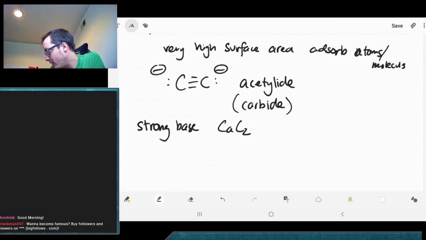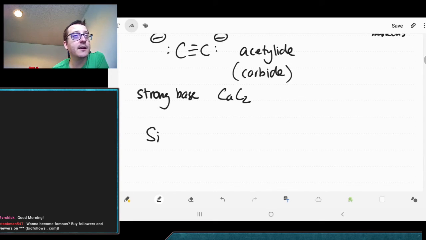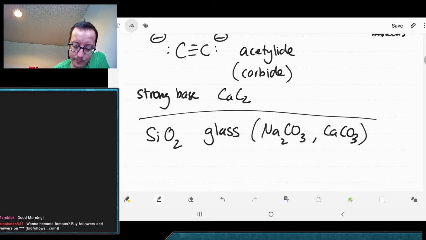Okay, we've got to rush through the rest here. Silicon is important. Silicon dioxide is glass, often includes sodium carbonate and calcium carbonate. We know what glass is like.